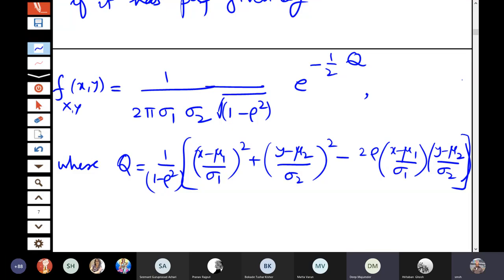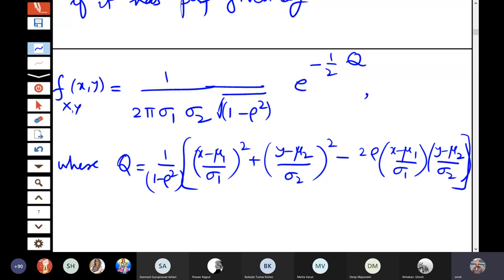Now I will start a little bit of manipulation, because I would like to calculate the marginal distribution of x and the marginal distribution of y. Let us look at this term. It is nothing but a quadratic, isn't it?